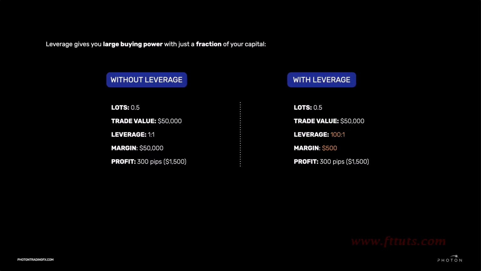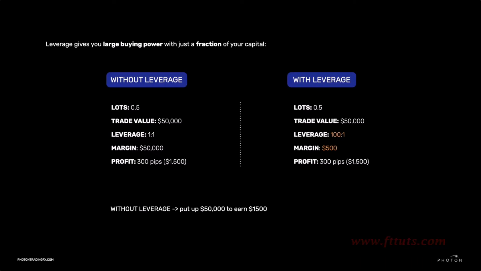Because we now have 100-to-1 leverage, instead of using up all of our 50 grand on the margin, you only need to put up $500 whilst you are in the trade. To calculate the margin required, you just divide the position value by the leverage ratio. So in this case, we divide 50,000 by 100, which gives us $500.